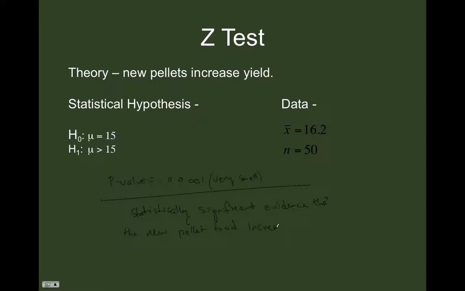So we're rejecting the null hypothesis because of the small p-value and concluding that we have statistically significant evidence that the new pellet food increases yield.